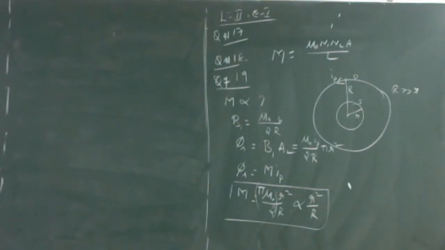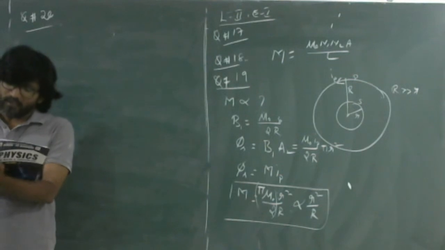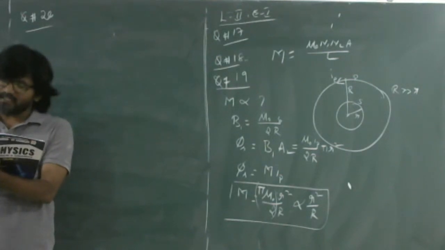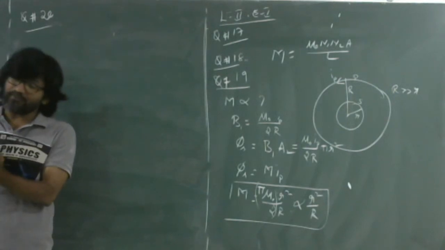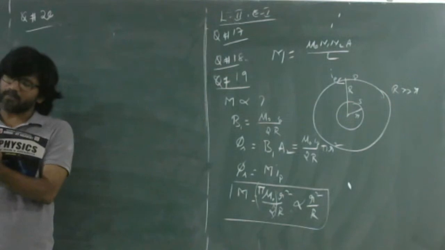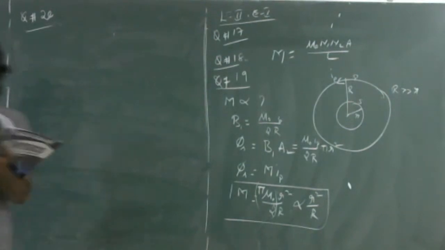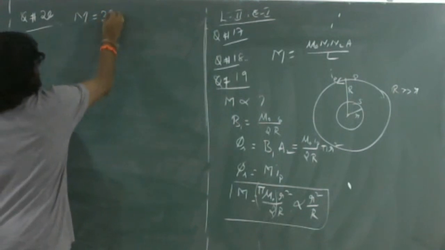Question number 20. So what is given here? The coefficient of mutual inductance of two circuits A and B is 3 millihenry. M is equal to 3 millihenry.